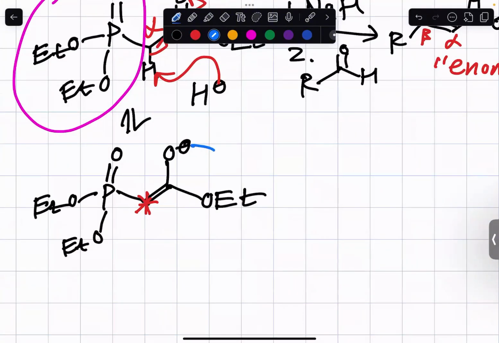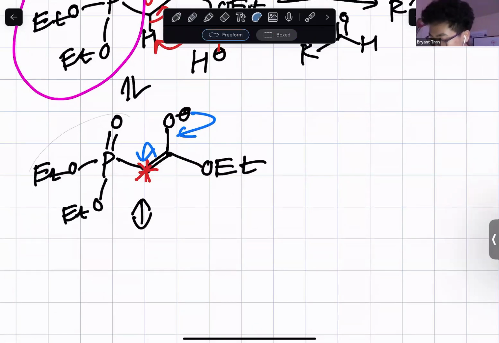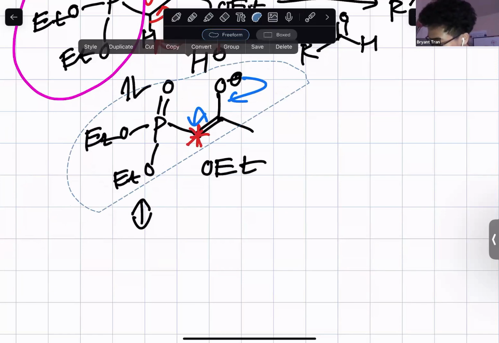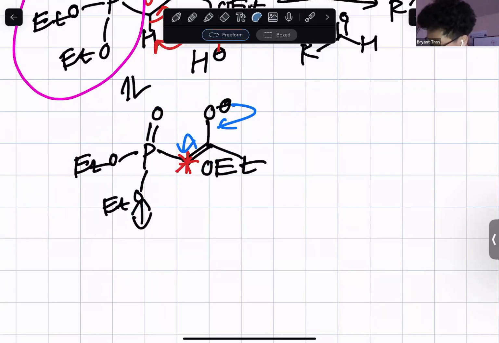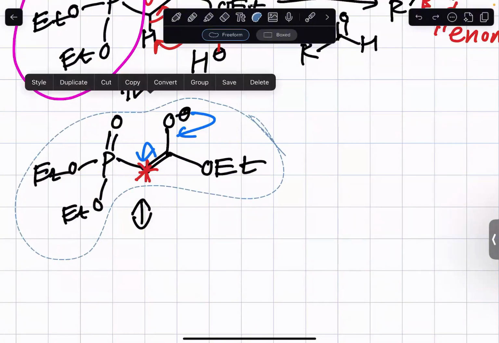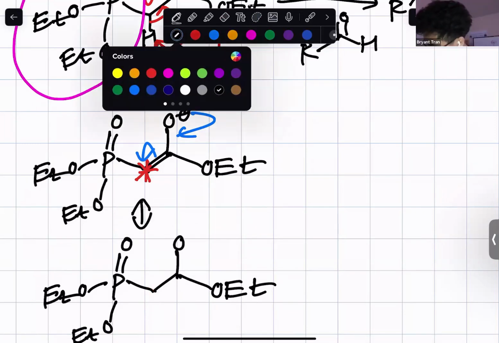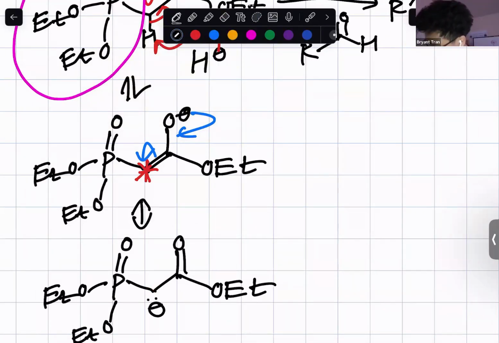The reason why is because I'm going to draw out the resonance structure here. For the mechanism you probably don't have to draw this resonance structure, but it helps to understand why that alpha carbon is a nucleophile instead of the O minus, even though there's a full negative charge on the oxygen. When I draw that resonance structure out, we have a carbonyl again and a full negative charge on that carbon atom.